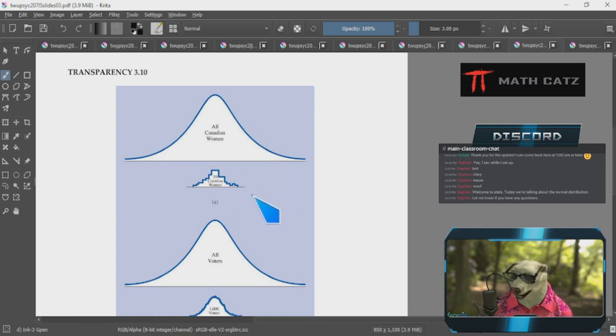And if we do that carefully, and there are techniques to do that, the 50 women we survey will hopefully be a fair and accurate representation of the whole population.